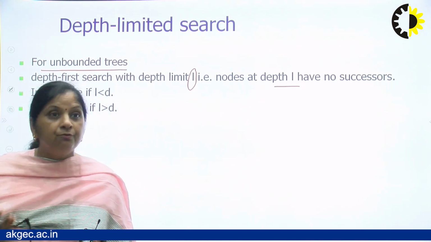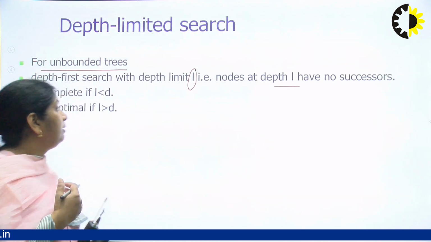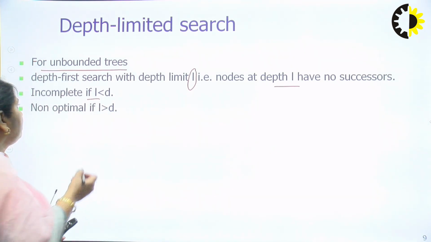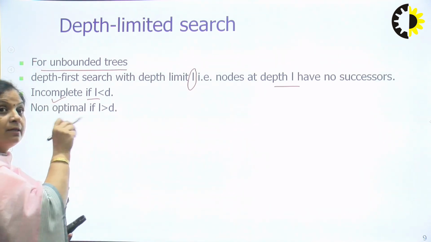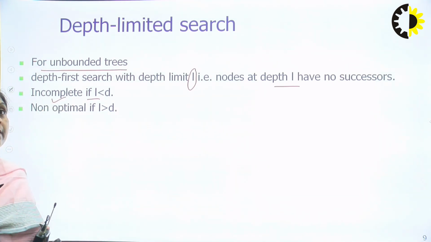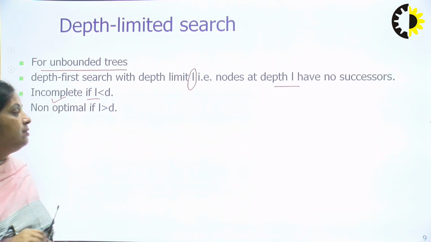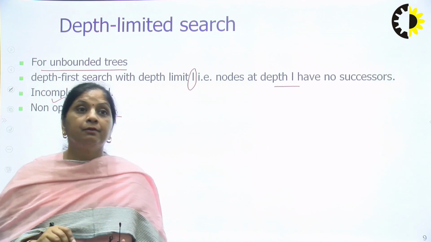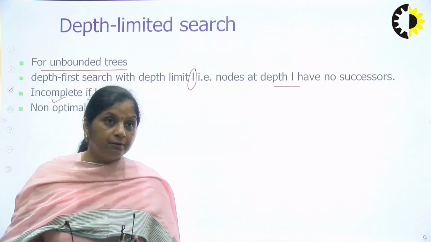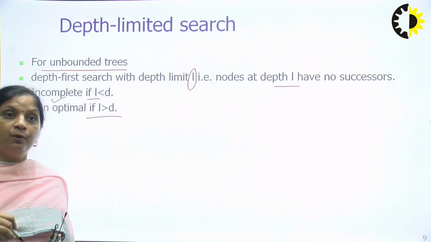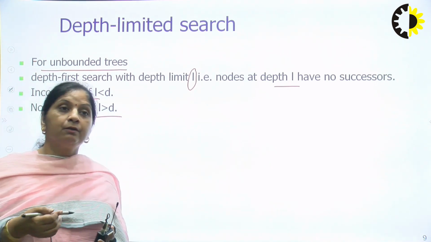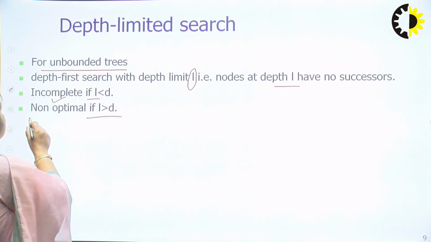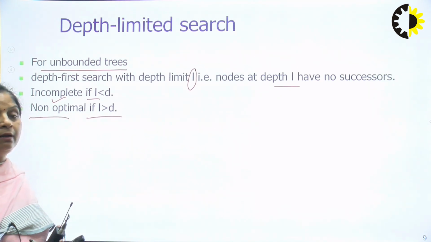So we are searching for the goal node, and if we take the depth limit less than D, then it will not be able to find the goal. It will become incomplete. And if we take it greater than D, the depth of the nearest goal node, then it may explore some goal node at a larger depth. In that case it becomes non-optimal.